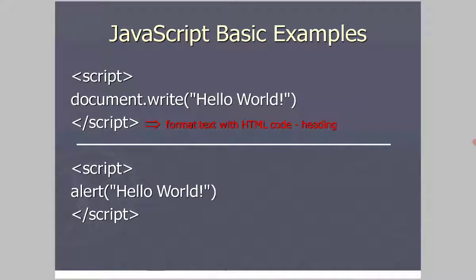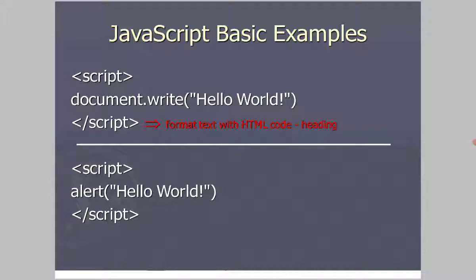So this is a simple example of using JavaScript. Script, document.write hello world, end script, and script, alert within quotes some message, end script. Here we are using two statements or functions. One is document.write, which is a print statement in JavaScript, to write or print something on a page.